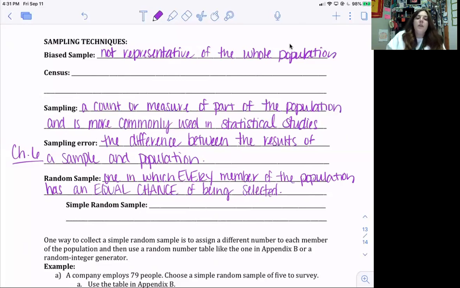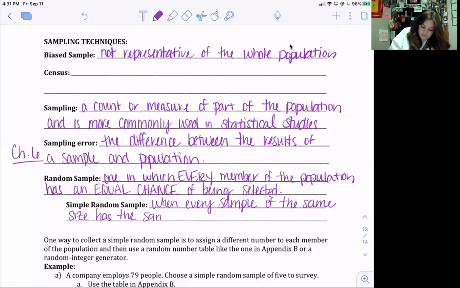Okay. And then a simple random sample is when every sample of the same size has the same chance of being selected.